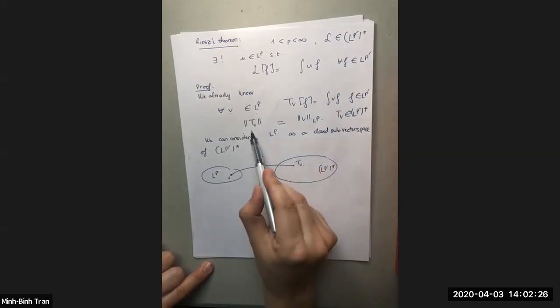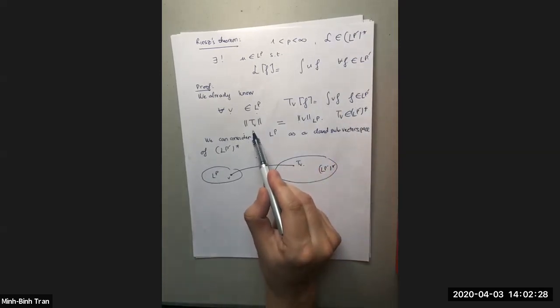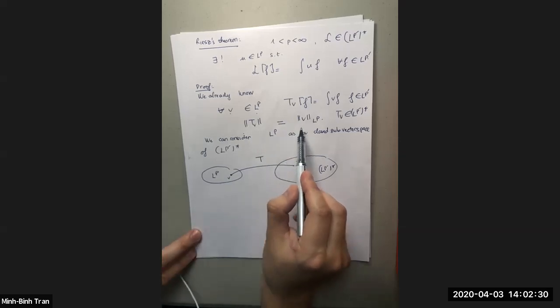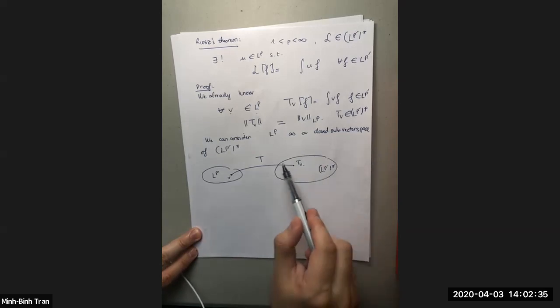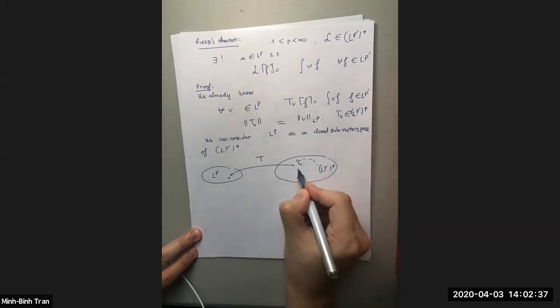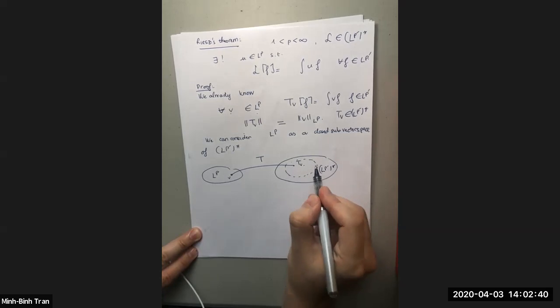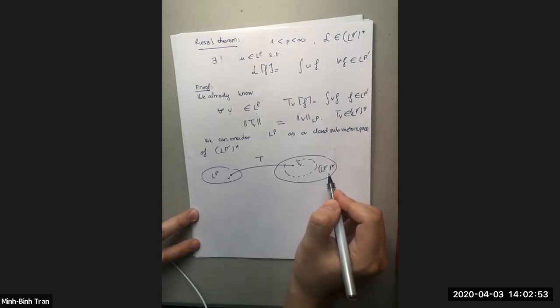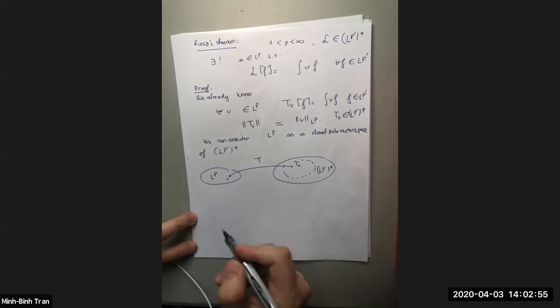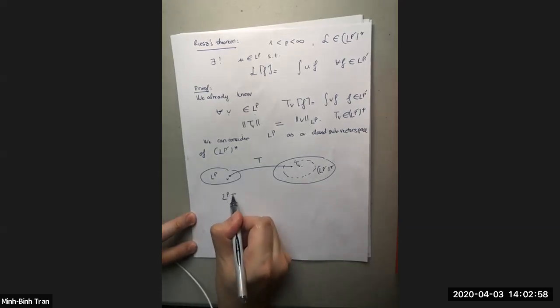We also showed that the norm of this linear operator is the same as the norm of v. So this is why we can consider L^p as a closed subspace of (L^p')*. Now we want to show that indeed L^p is the same as (L^p')*.